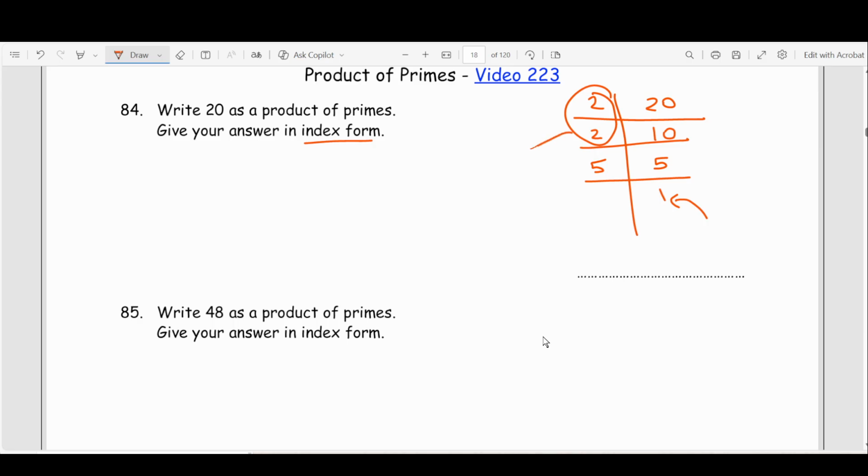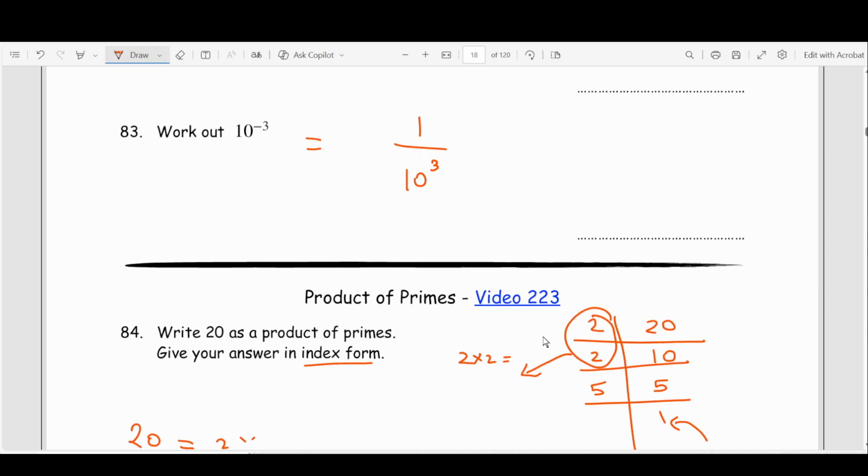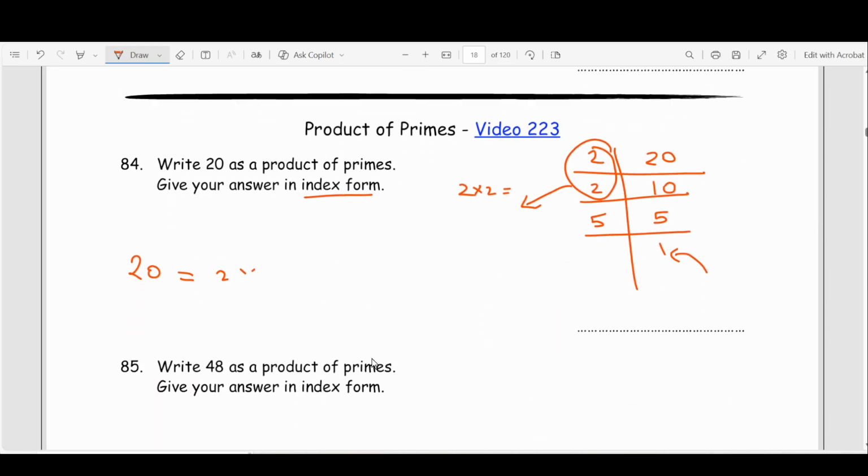So can you tell me this in the index form? 2 times 2 is 4. No, in index form. These are the product of the prime numbers, right?